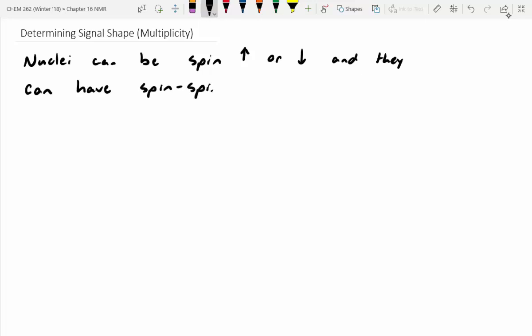And I'll describe what that means. The easiest way to describe this is that nuclei that have neighbors next to them actually feel those neighbors, and those neighbors will impact the signal shape.